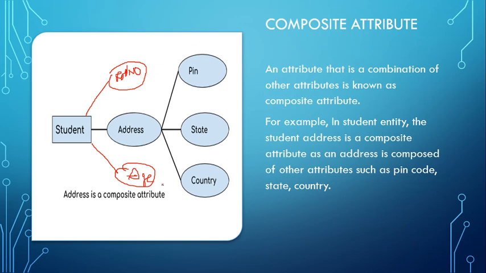So when a particular attribute has many attributes and can be further divided into different attributes, that kind of attribute is called a composite attribute. For example, in the student entity, the student address is a composite attribute, as an address is composed of other attributes such as pin code, state and country.